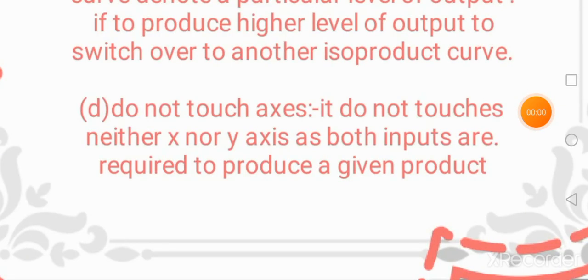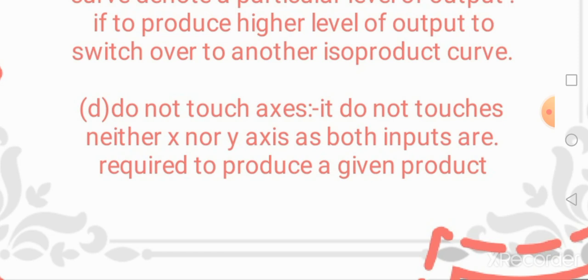The next feature of an isoquant is that it does not touch the axes. The isoquant curve touches neither the x-axis nor the y-axis, because both inputs are required to produce a given product.